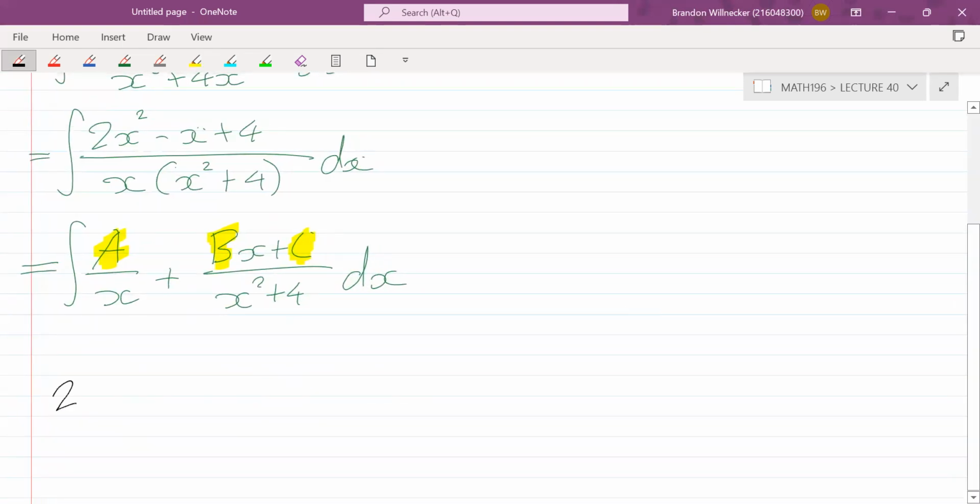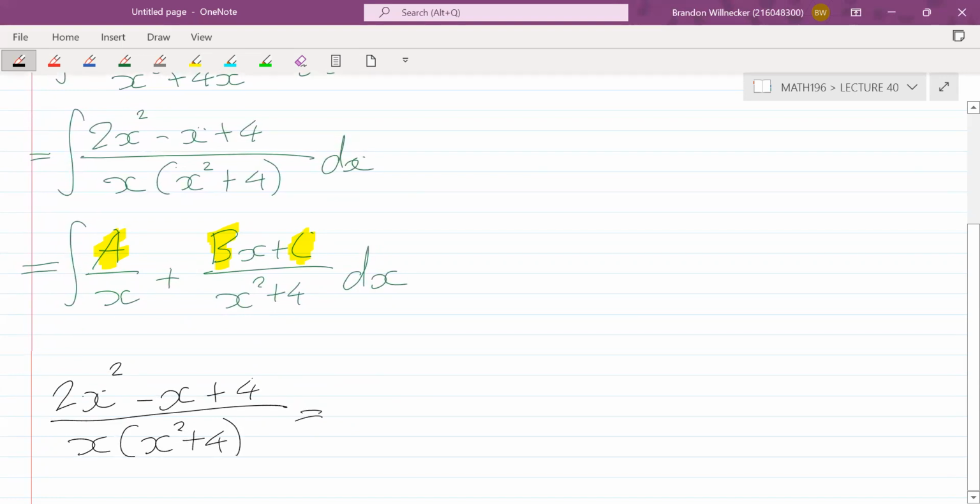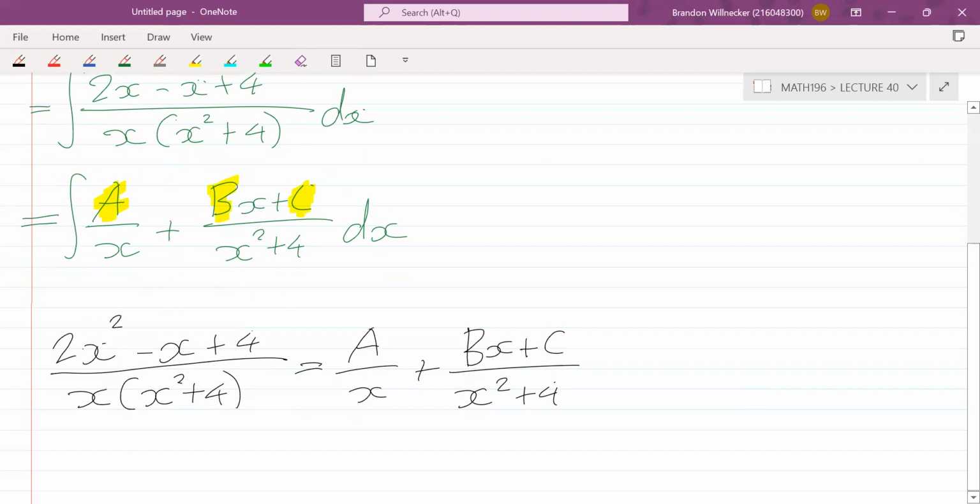Okay, so how do we go about figuring that out? We know (2x² − x + 4) over x(x² + 4) is equal to A over x plus (Bx + C) over (x² + 4).